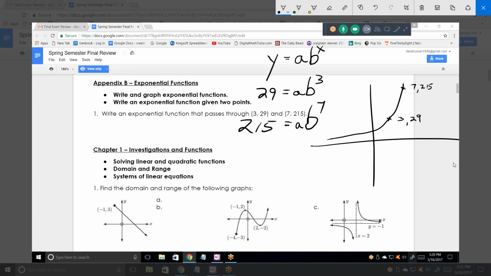Take 215 divided by 29. So you're basically going to divide one equation by the other to get rid of a? You know, I'm not sure you can do that. I know you can add equations. I know you can subtract equations. I'm not so sure you can multiply equations.